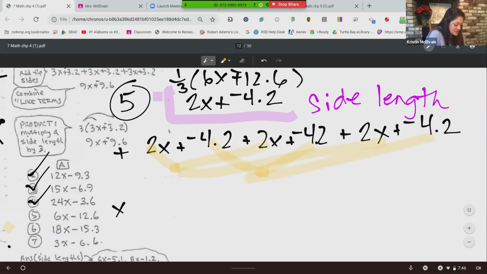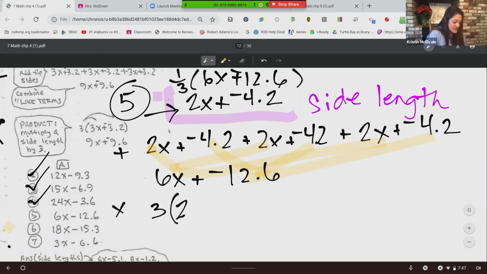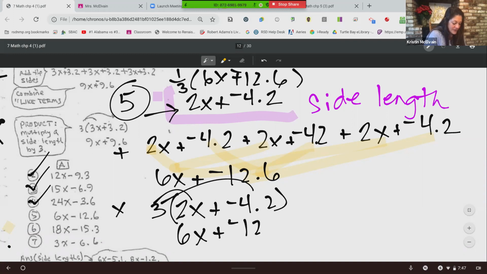Gives us our original, which is 6x plus negative 12.6. Showing it by multiplication, 3 times our side length, 2x plus negative 4.2. Distribute gives us 6x plus negative 12.6.